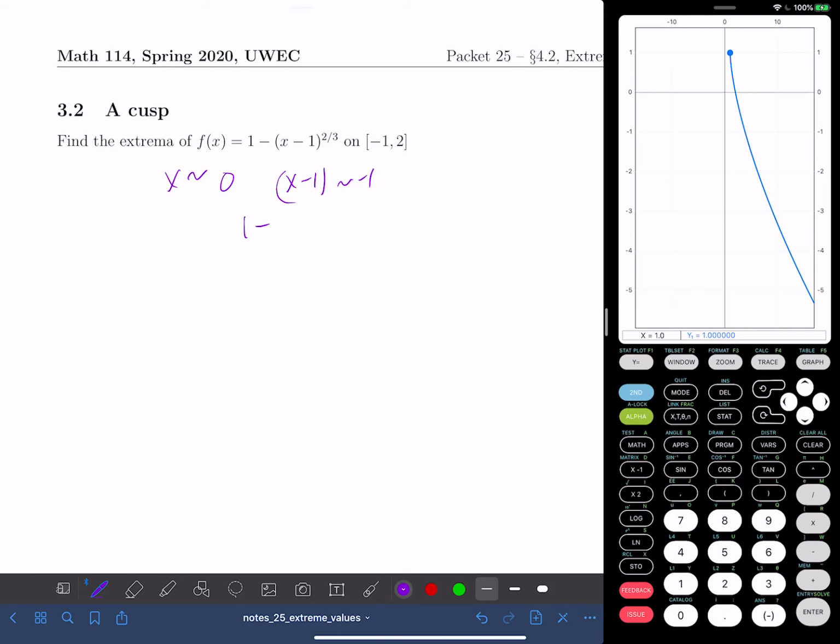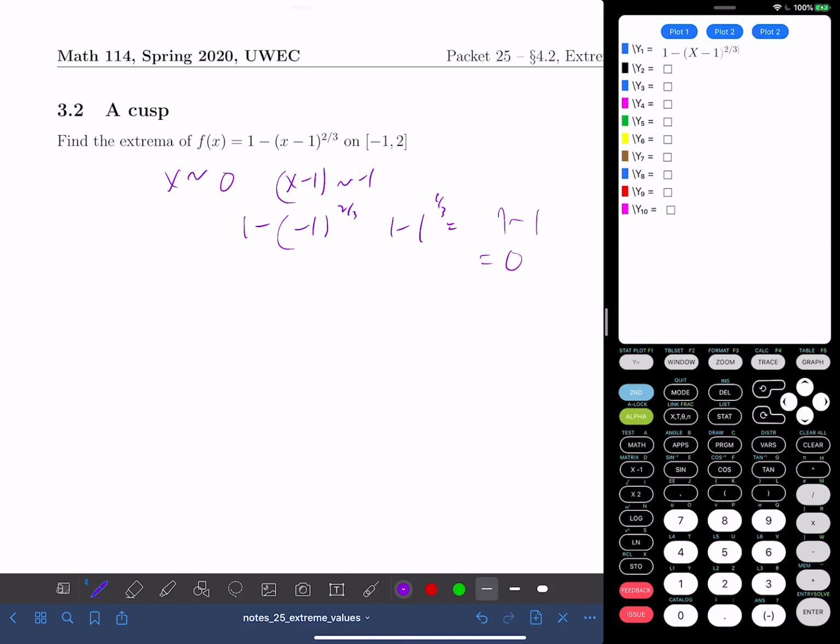So I'd have 1 minus -1 to the 2/3. And that value would be 1 minus 1 to the 1/3, which is 1 minus 1, which is 0. Yeah, so if I go trace and I go 0, enter, it's telling me that, what did I do wrong? Did I enter this thing correctly? 1 minus. I think this calculator is wrong.